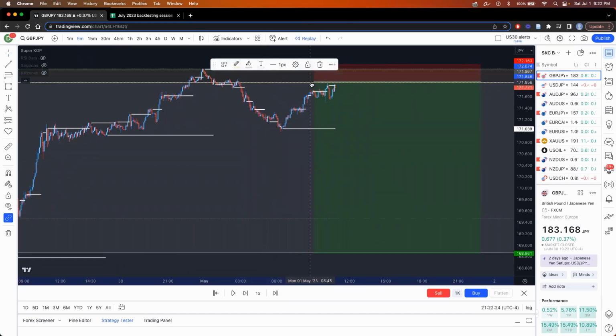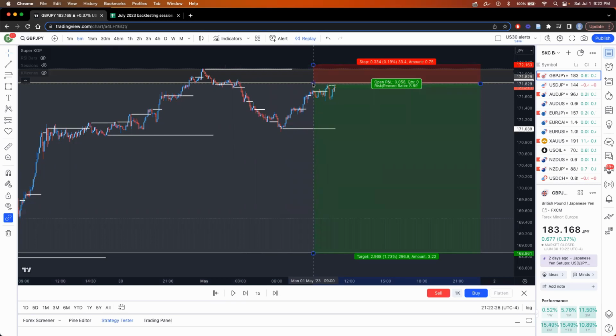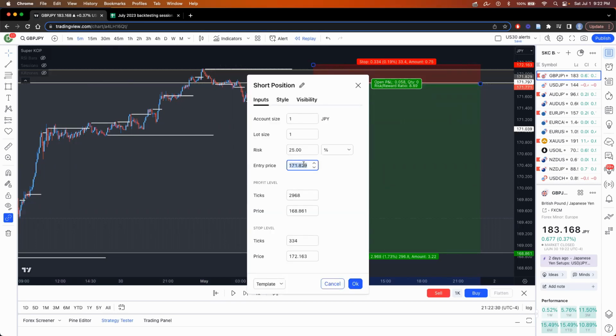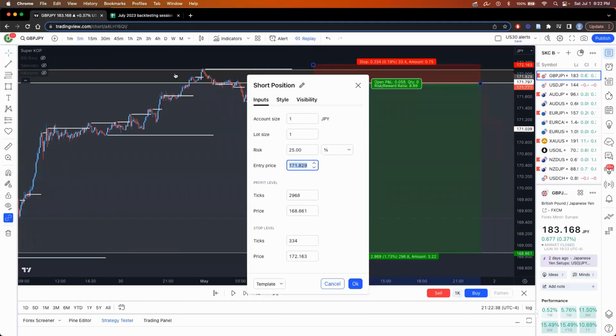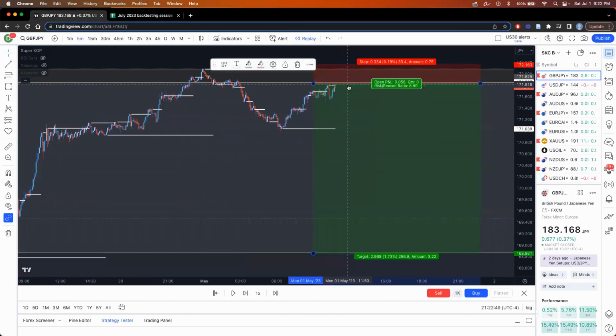That zone's not quite right. Let's put it here. There we go. We'll fix this because it doesn't change things too much. That's what we want. And so this would have gotten us in.